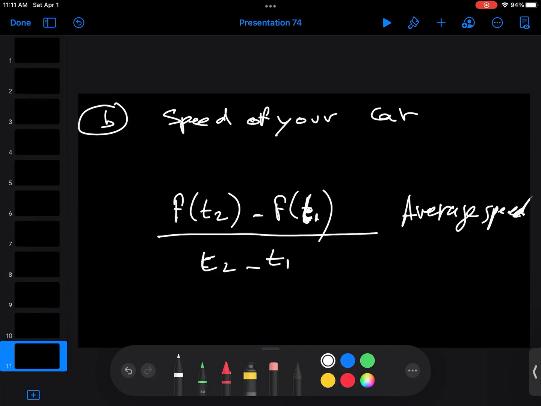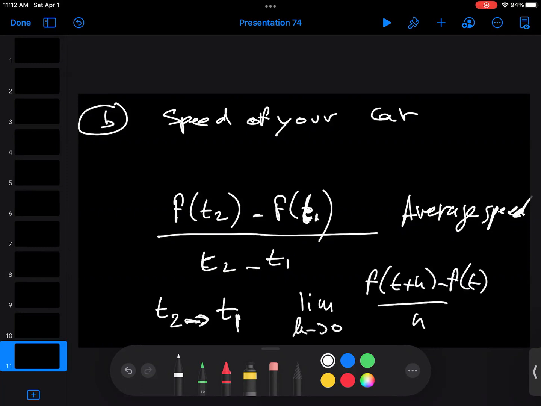Now, if my T2 converges to T1, so if I look at the limit as h converges to 0 of f of t plus h minus f of t divided by h, this is the speed that is indicated in your car.